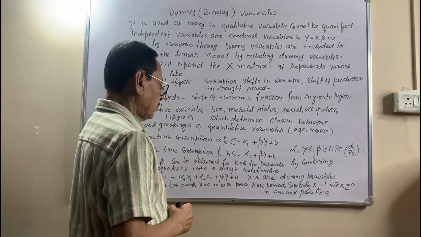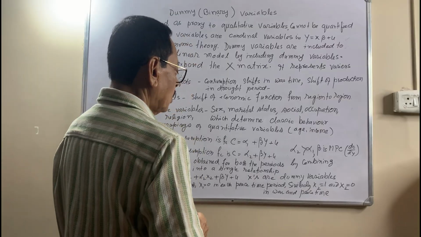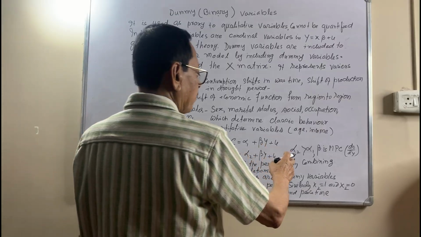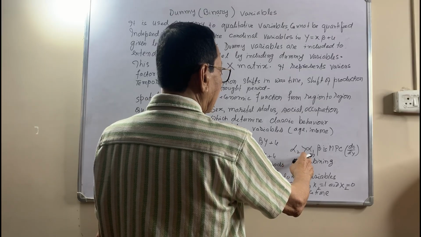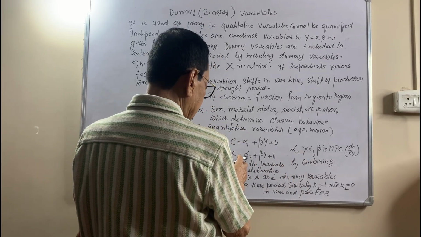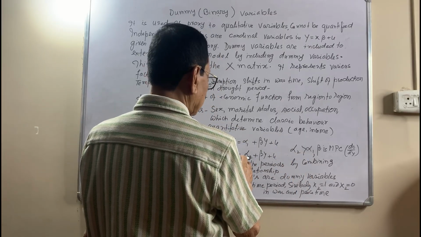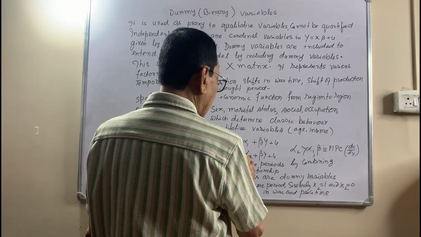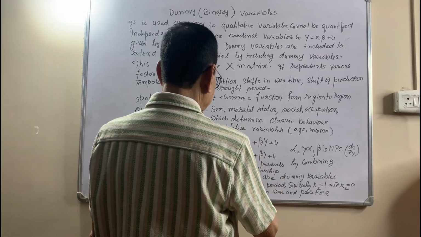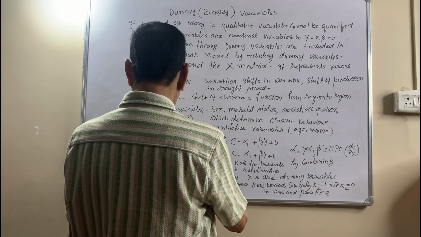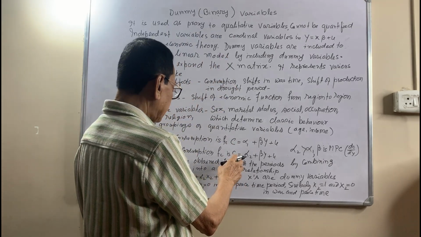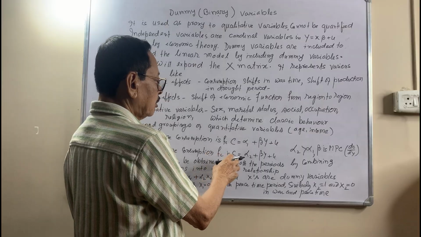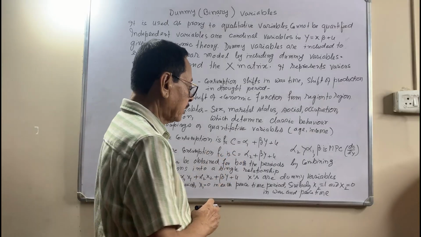So we assume that alpha 2 is greater than alpha 1. That means the intercept in the peacetime consumption function is higher than the intercept in the wartime consumption function. That means it is assumed that in peacetime the consumption level is higher. Okay.